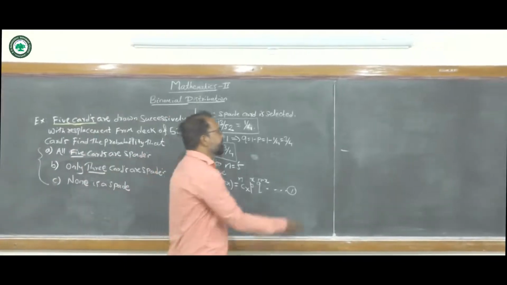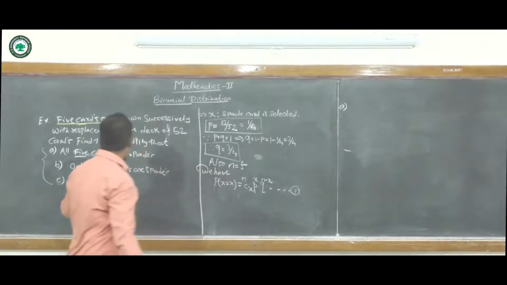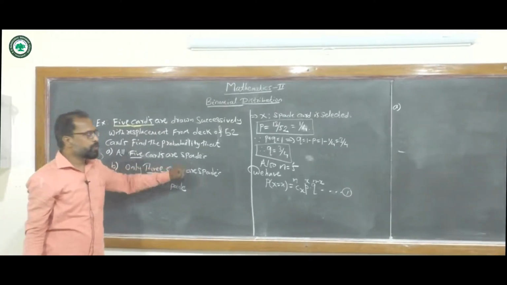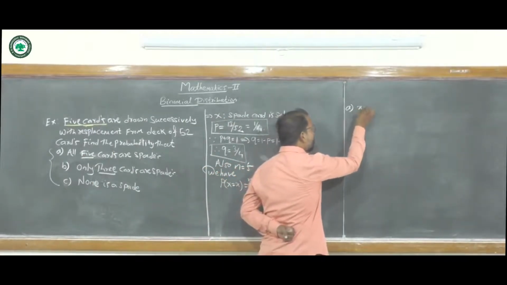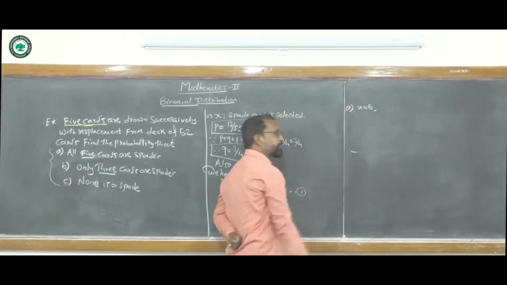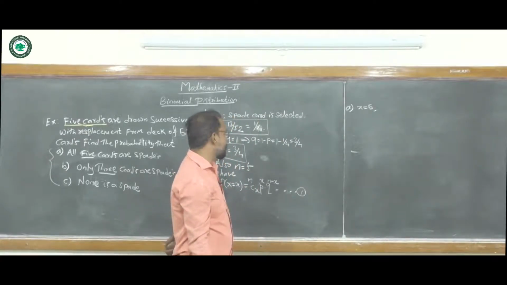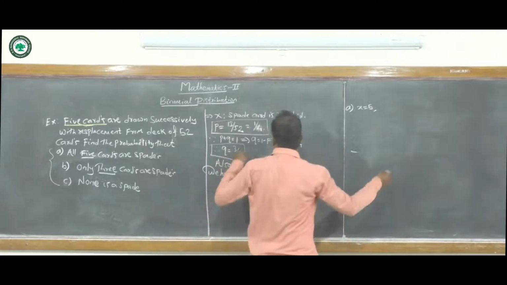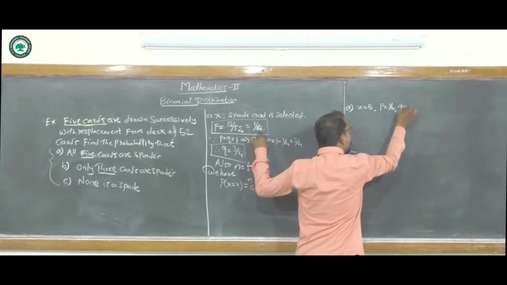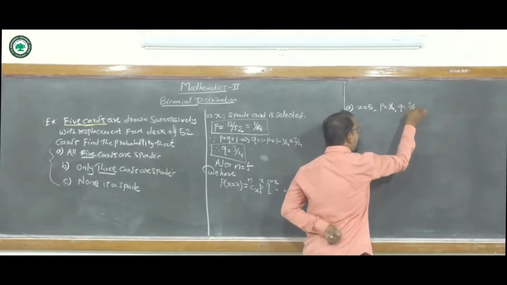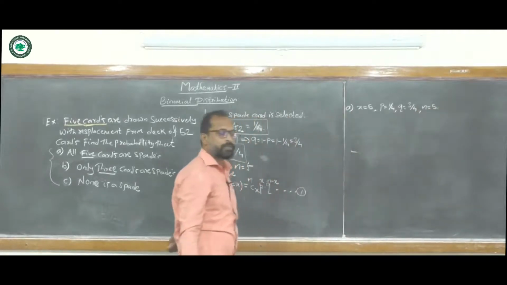Now let's consider option A. In A, all the 5 cards are spade cards. So we have to consider x equals 5, because we need all 5 cards to be spades. The remaining parameters are P equals 1 by 4, Q equals 3 by 4 and n equals 5.